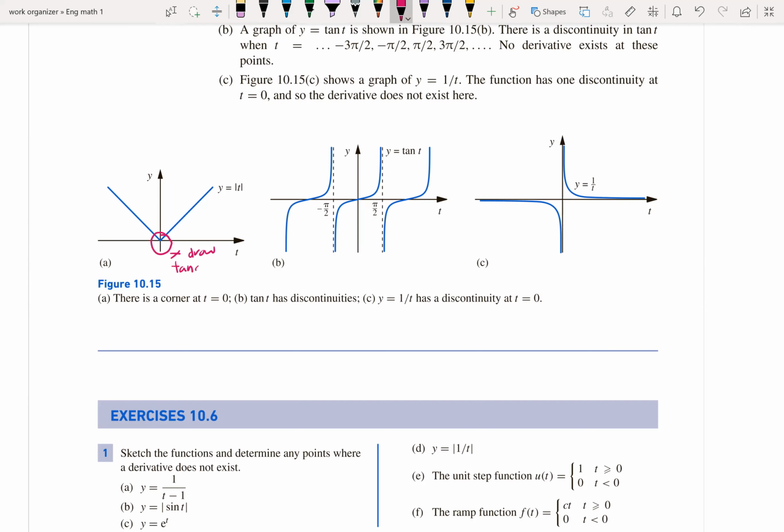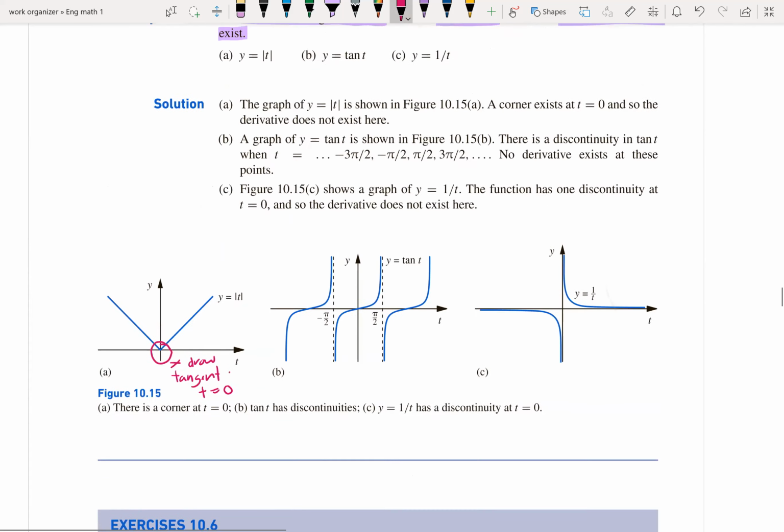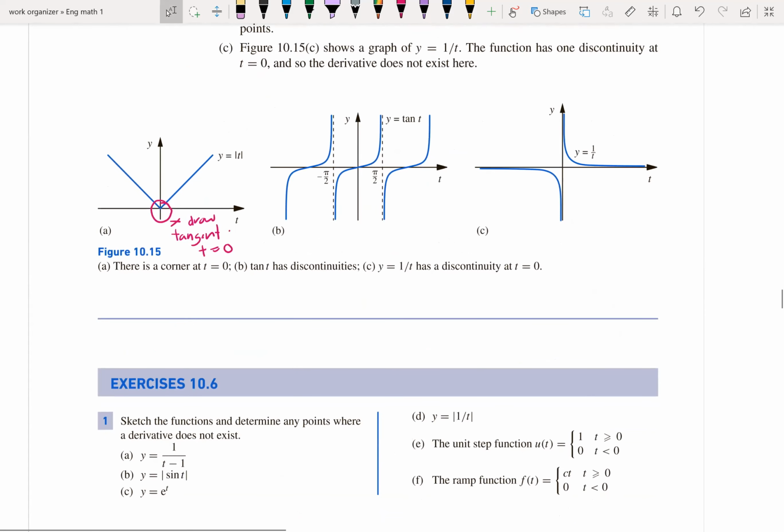Draw a tangent at t equal to 0. We can see that it is not possible to draw one at this point and this point, so at t equal to negative pi over 2, pi over 2, and so on.